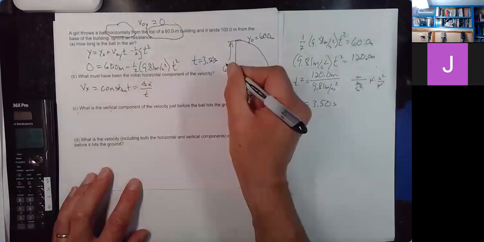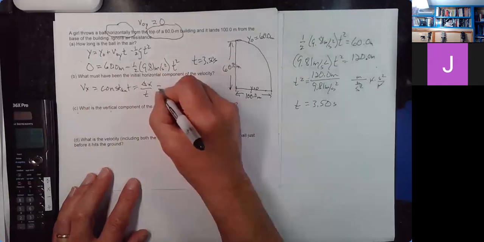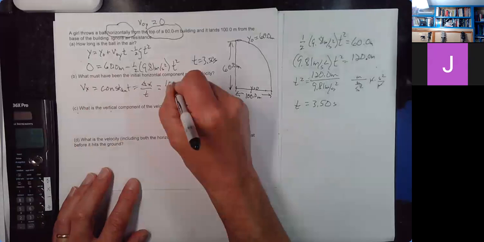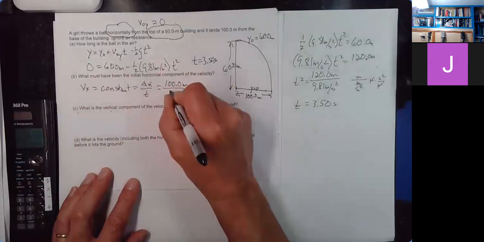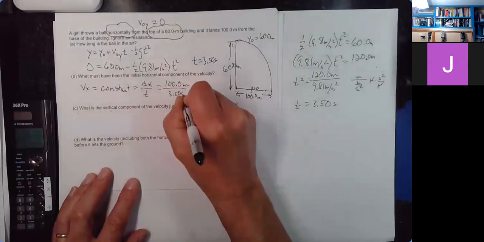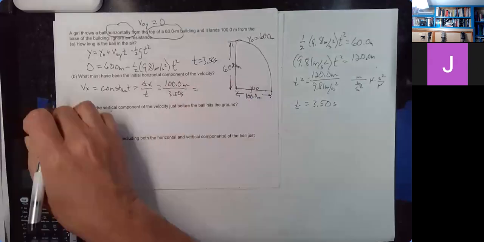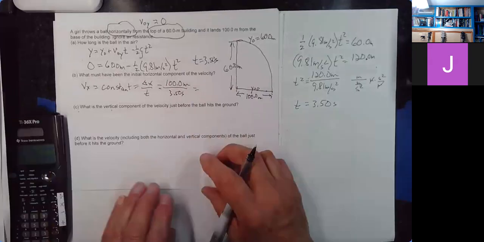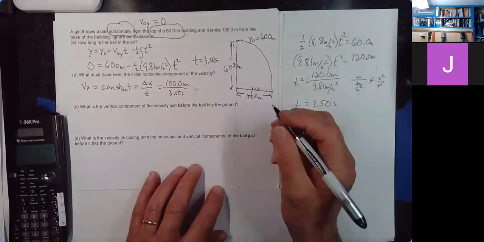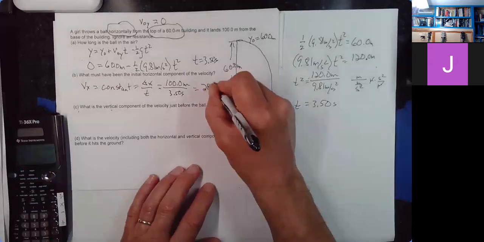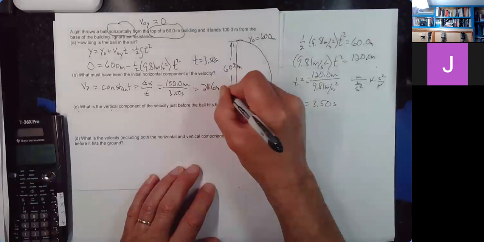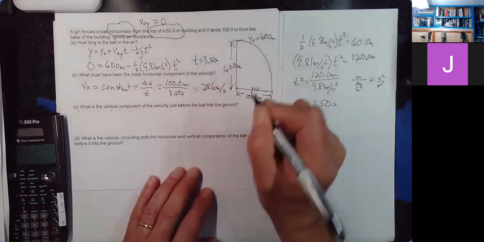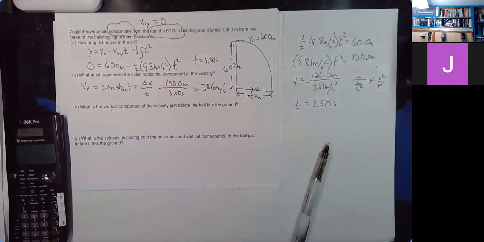The t is the 3.50 seconds, so 100.0 meters divided by 3.50 seconds. And I get 28.6 meters per second, which is a little bit more than 60 miles an hour.